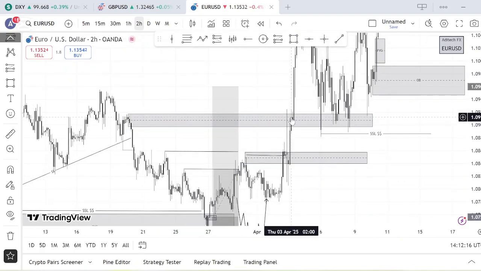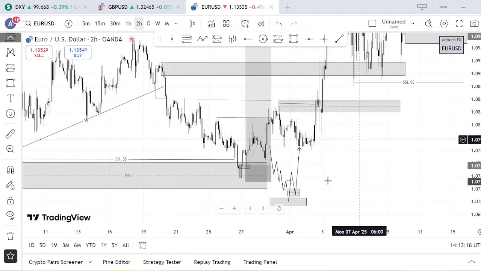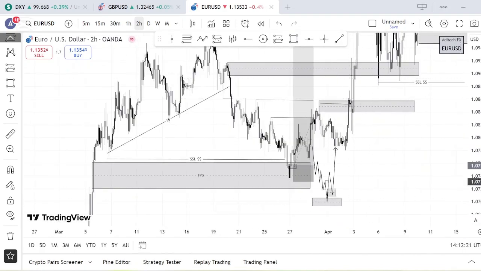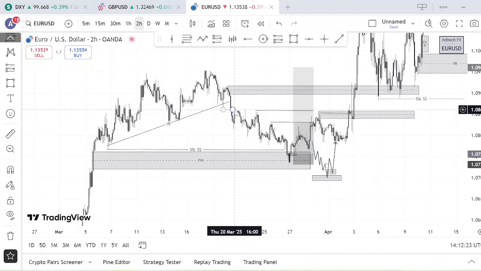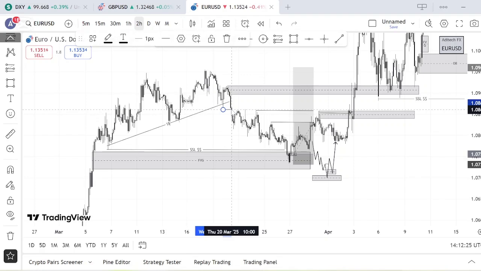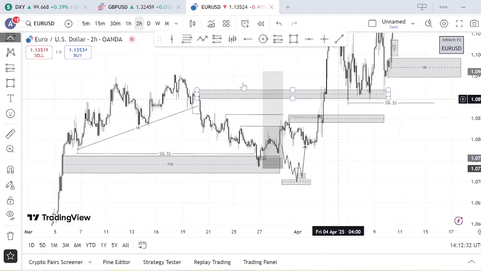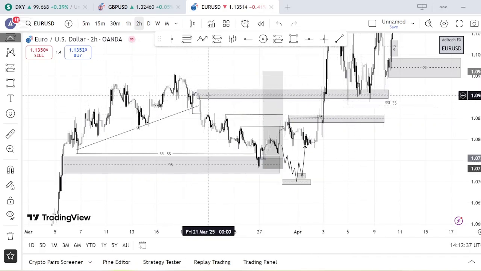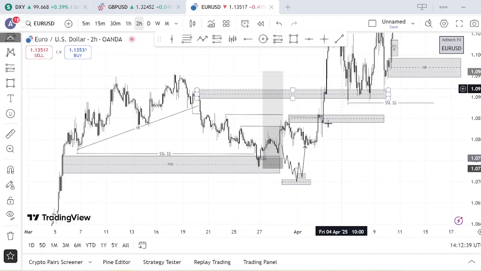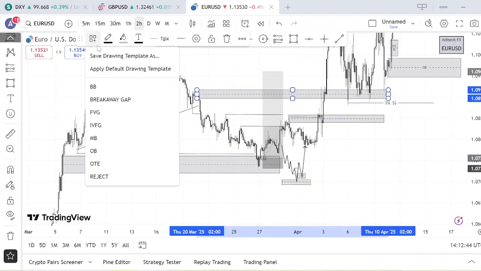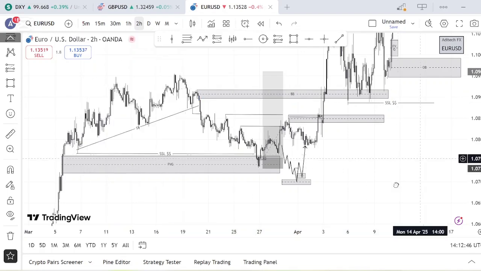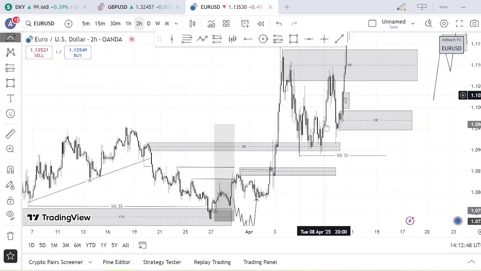We expect price to respect this zone and continue going down, but because we're in an uptrend, never mistake a break of structure as a change of character. It signifies liquidity, right? But now, because we are seeing it as a support, a resistance becoming a support, right? This zone right here was a resistance. Now price broke it and retested it, so it becomes a breaker block. So this is actually a breaker block. You can see after price broke it, price came to retest it.